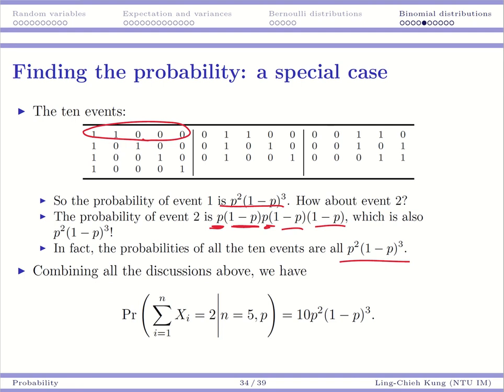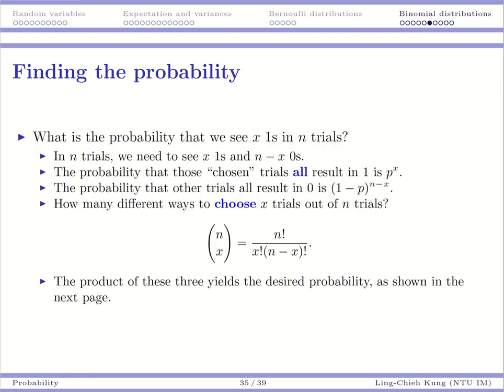So we have 10 different events, and for each of the events to occur, the probability is P squared times 1 minus P cubed. So the sum of them is just 10 times that. That's the probability for us to see 2 1s and 3 0s.